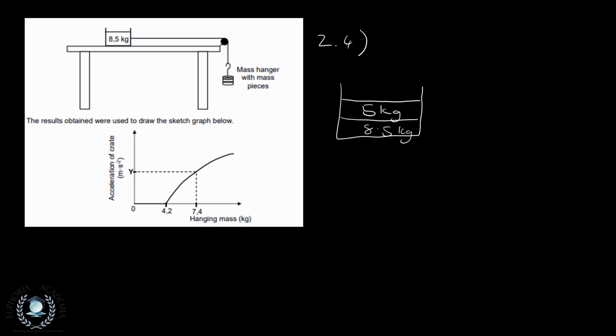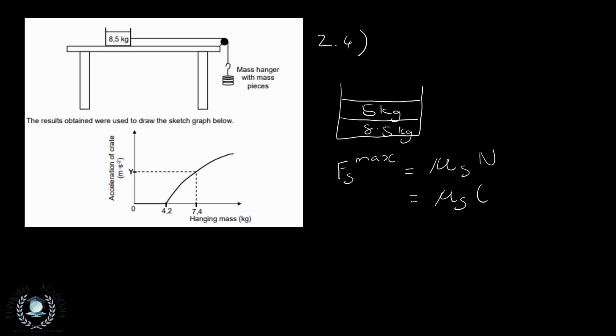Well, essentially they're just asking us how we calculate our Fs max, and that will be equal to mu S multiplied by our normal force, and our normal force is just the mass times g.